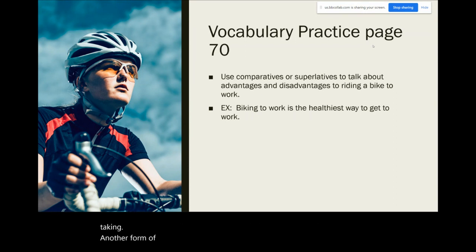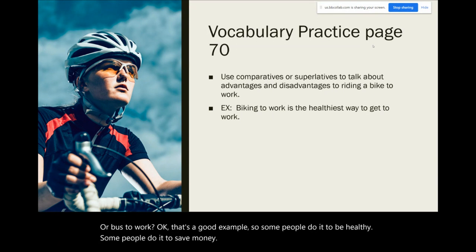So we use taking. So riding a bike to work is cheaper than riding in a car or taking a car or bus to work. Okay, that's a good example. So some people do it to be healthy, some people do it to save money.